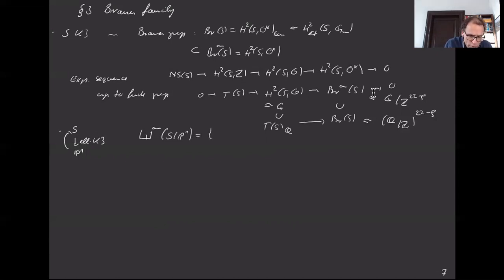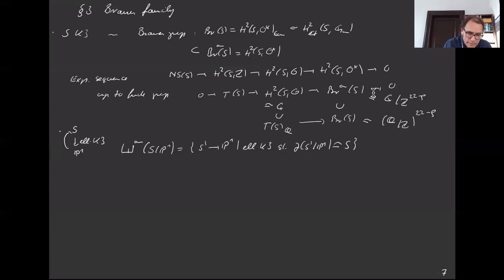This is just the set of all elliptic K3 surfaces S prime over P1 such that the relative Jacobian of S prime over P1 is in fact isomorphic to the original elliptic K3 surface S. So this happens over P1, and there's a subgroup, the algebraic Tate-Shafarevich group, with the same definition, except that this time I also want the K3 surface to be projective.